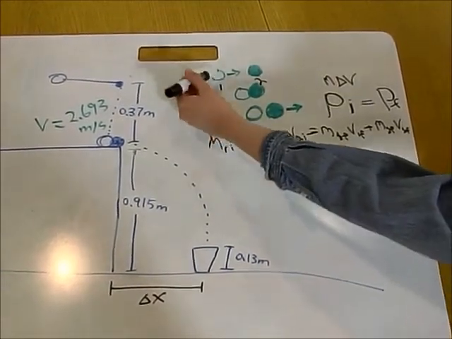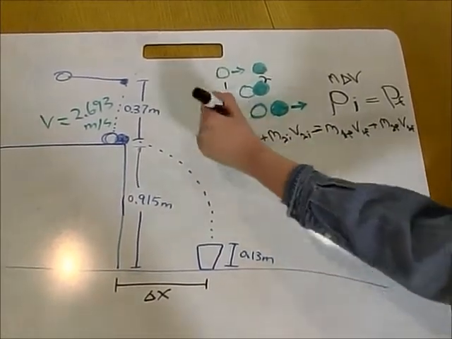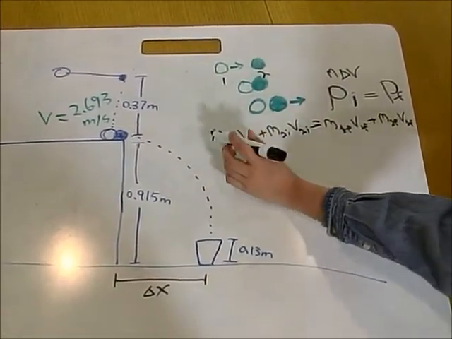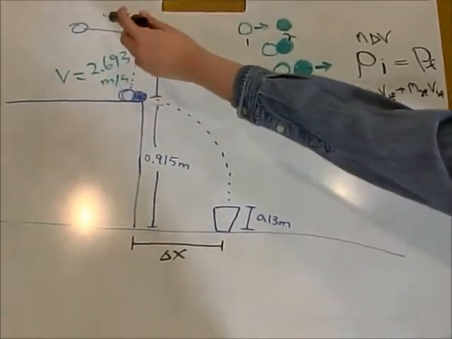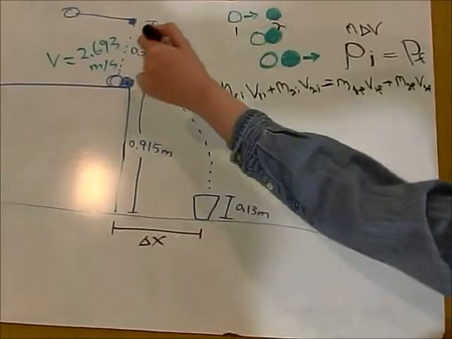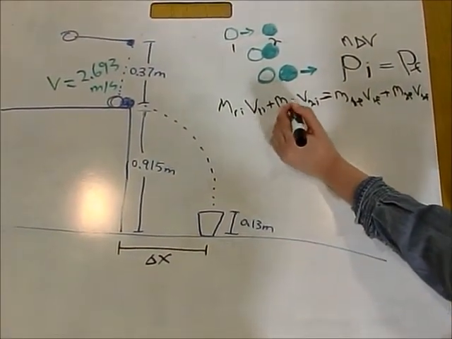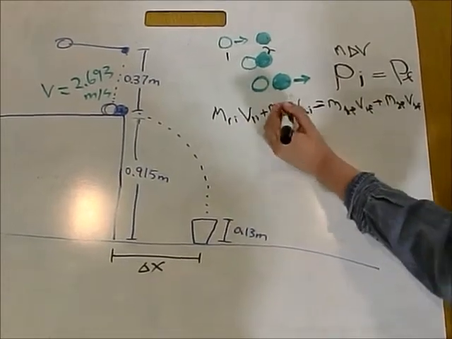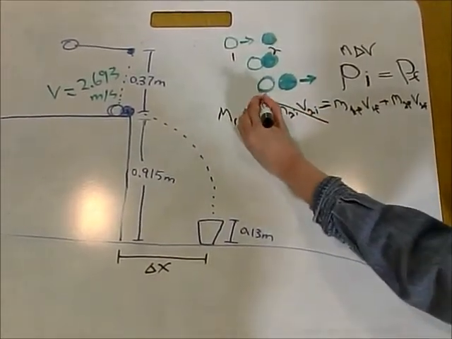This ball has a mass of m1 and a speed of v1 initial, which is the v we got from falling from that height. But ball 2 has a v of 0 because it's initially at rest, so that term cancels out.